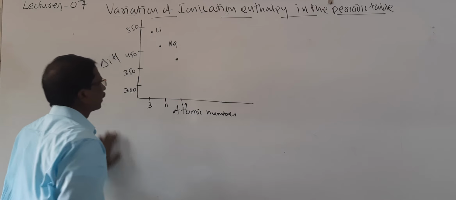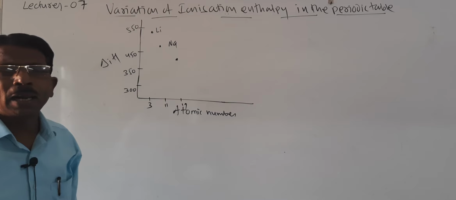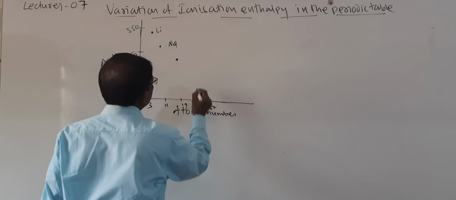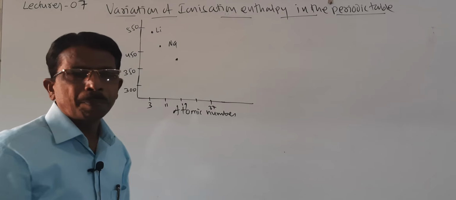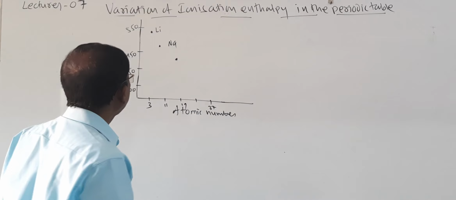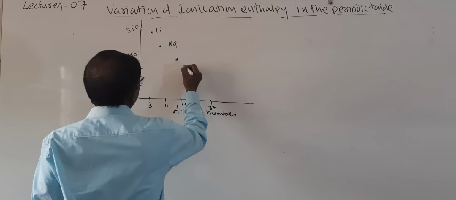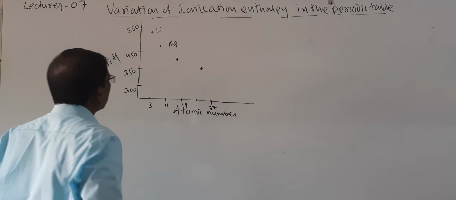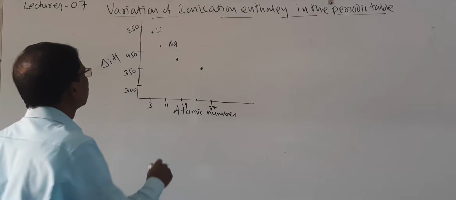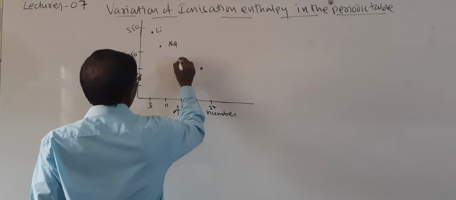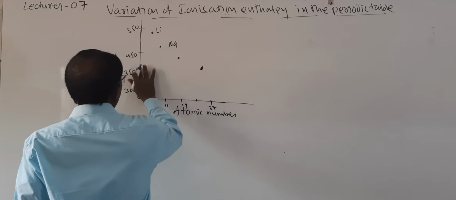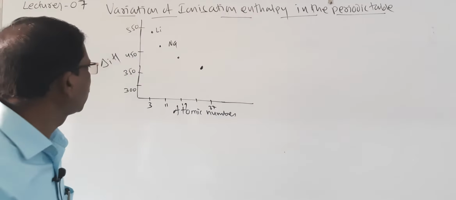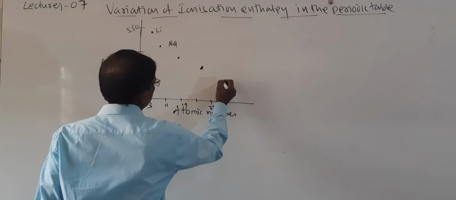And after this, rubidium, 37, whose enthalpy is 403, which comes near 400, just above it. And after rubidium, cesium is there, that is 374, lower like this.